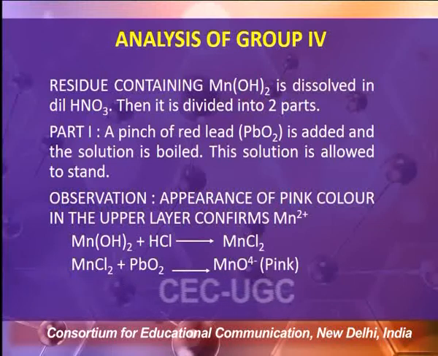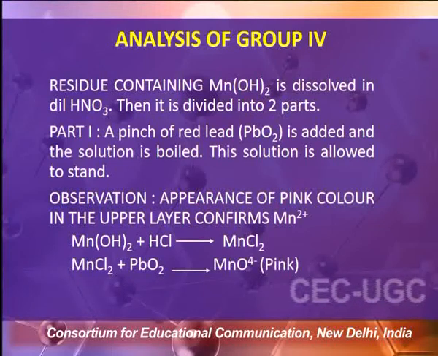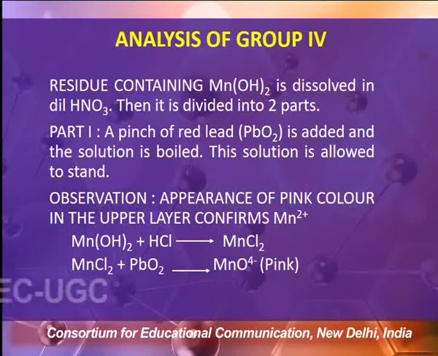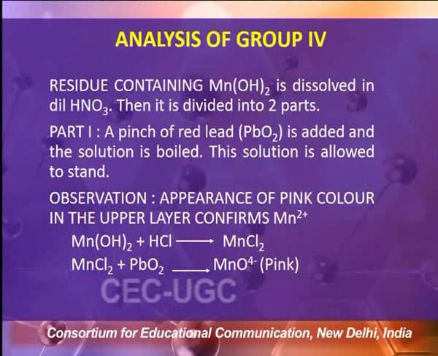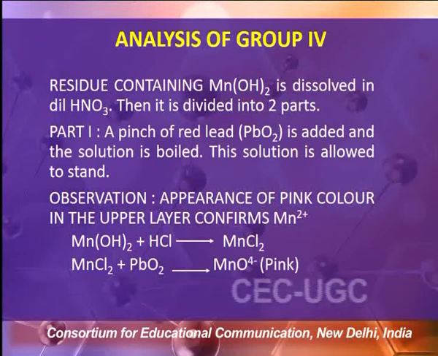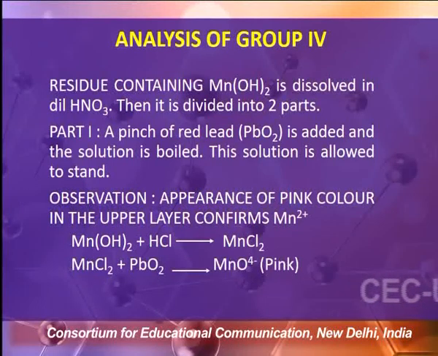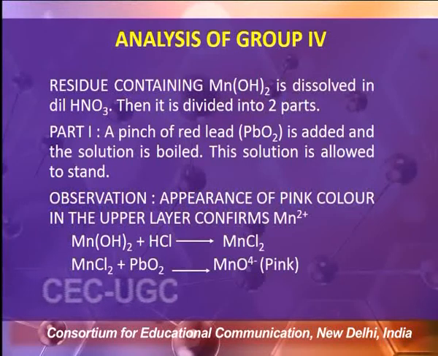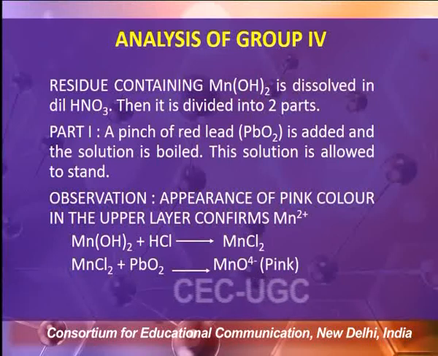Manganese hydroxide reacts with hydrochloric acid to form manganese chloride. Manganese chloride reacts with lead dioxide, or red lead, to form permanganate ions, which are pink in color. As we know, potassium permanganate is pink in color; this is how permanganate ions are formed.